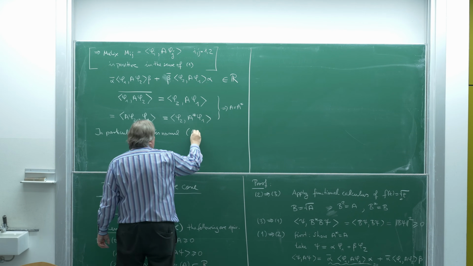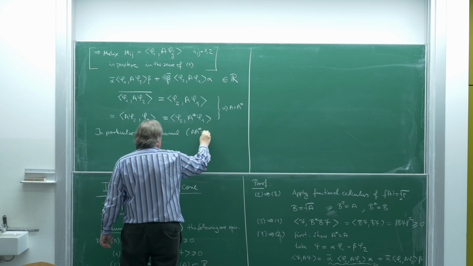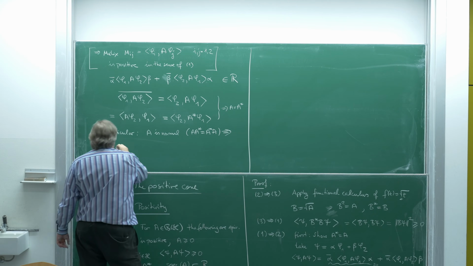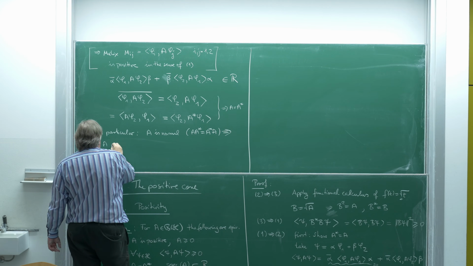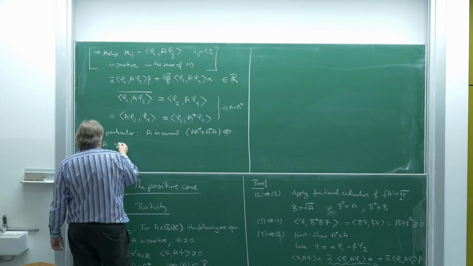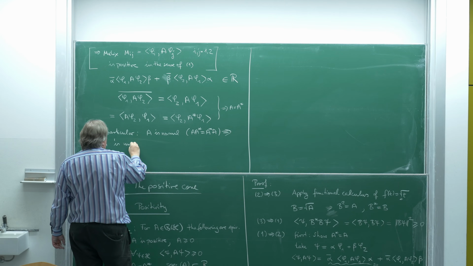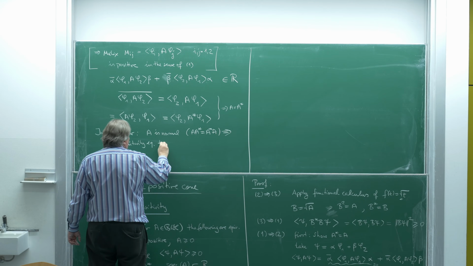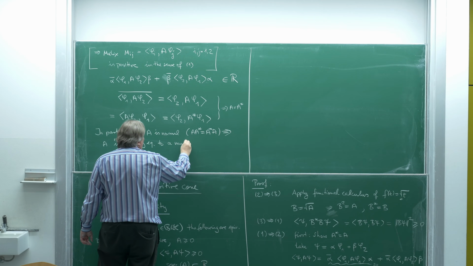That is, A star A is equal to A A star, and it follows that A is unitarily equivalent to a multiplication operator.